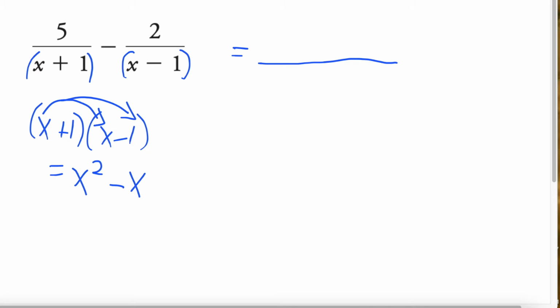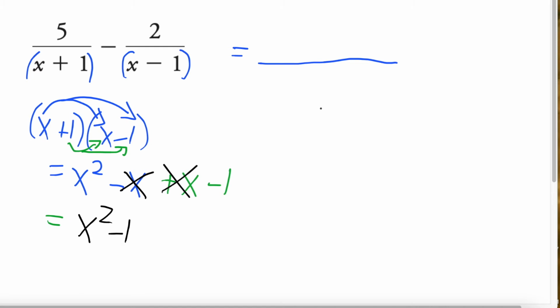Then we have 1 times x, which is plus x, and 1 times negative 1, which is minus 1. Ultimately this equals x squared minus x plus x minus 1, and these two cancel out. Then we get x squared minus 1, right? So our denominator is going to be equal to x squared minus 1.